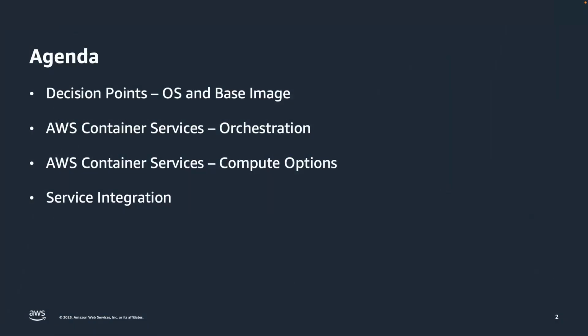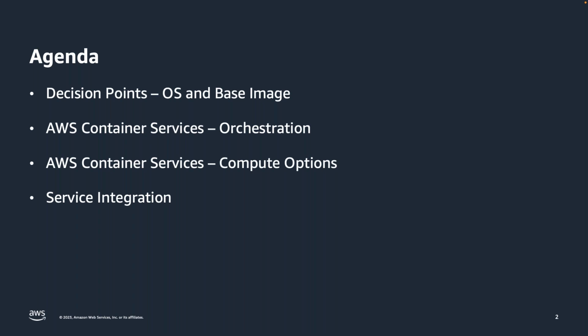So here is the agenda for this section. We're going to start off with talking about some of the key decision points when containerizing .NET applications. Specifically, we're going to talk about the operating system and the base image selection. Then we're going to talk about the AWS container services. AWS offers several container orchestration services that can be used to run .NET workloads.